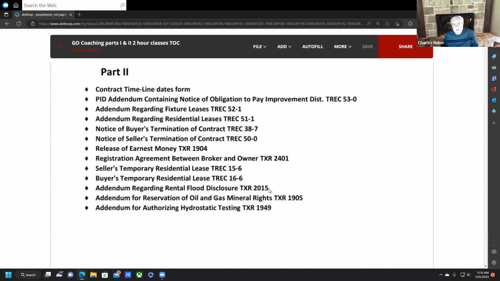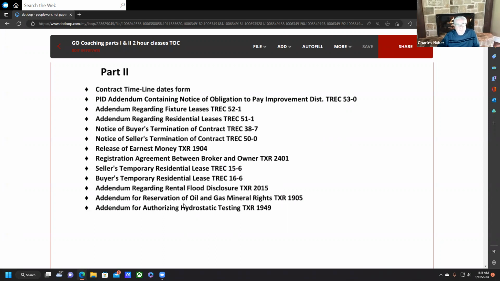The buyer has to send them this form that states whether or not the property has flooded in the last 5 years to their knowledge. I know it's like, what are we doing? Let's pull our hair out. I don't understand, but the fact is it must be used, okay? Make sure you don't forget that. And also on a residential lease, just a regular lease, they have to be provided this form regardless of if it's in a flood zone or not.